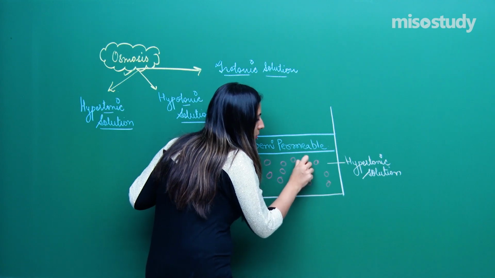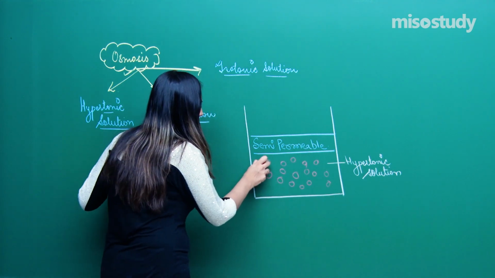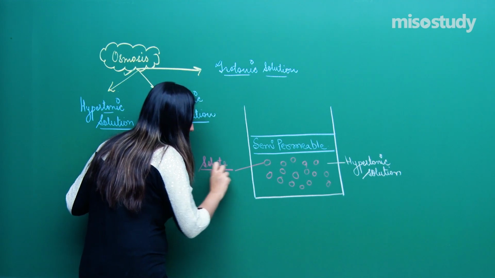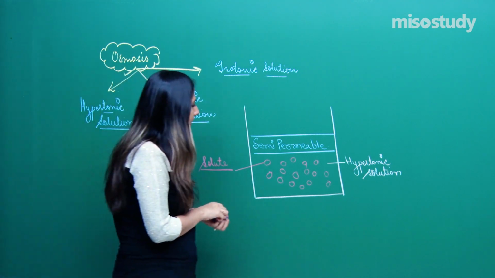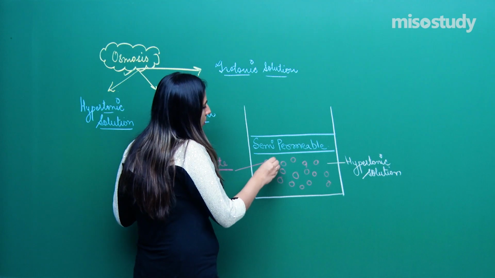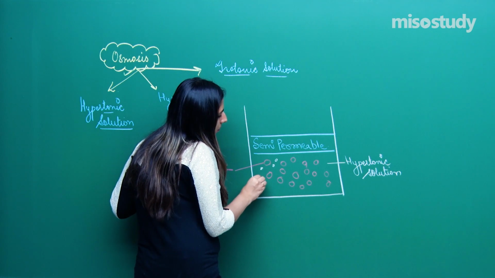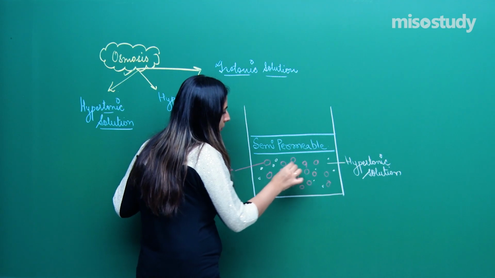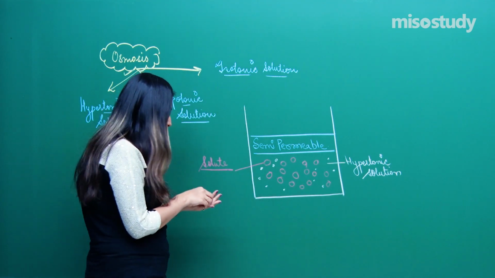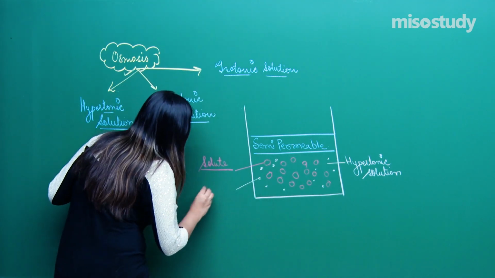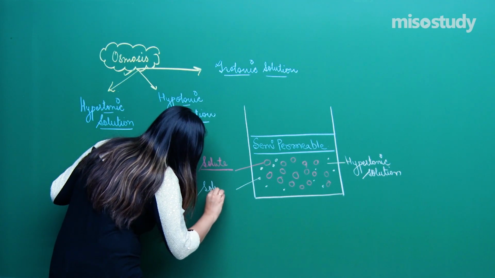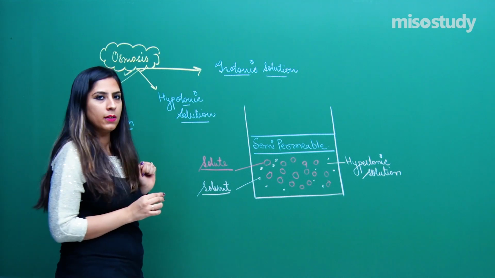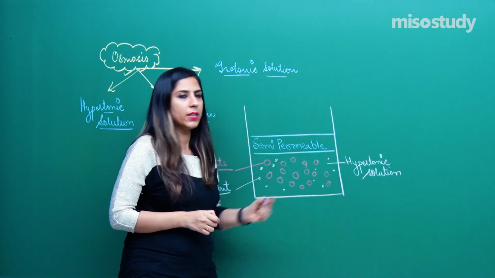Suppose these are the solutes. And in this I have a very small amount of solvent that I am drawing with this white color. This white color is the solvent. This is a hypertonic solution.